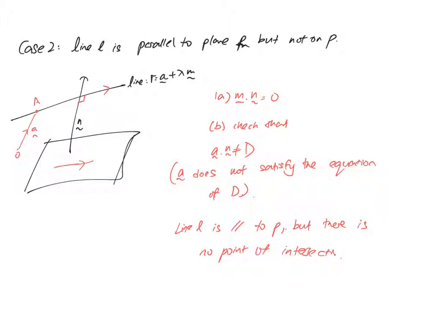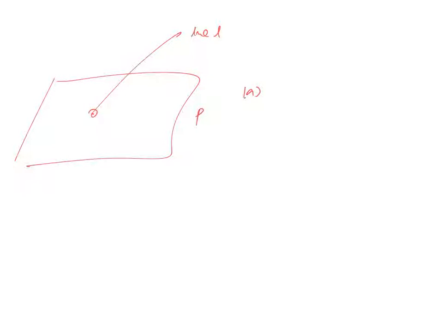Okay, next one would be case 3. For case 3, for example, this could be the plane, this could be the line. If it's not parallel and not lying on the plane, then line L could be intersecting with P. Very easy, you check straight away. First thing we do is always check if m dot n is equal to 0.